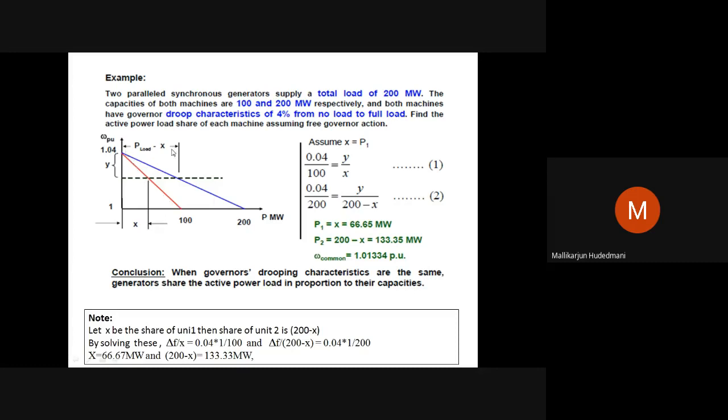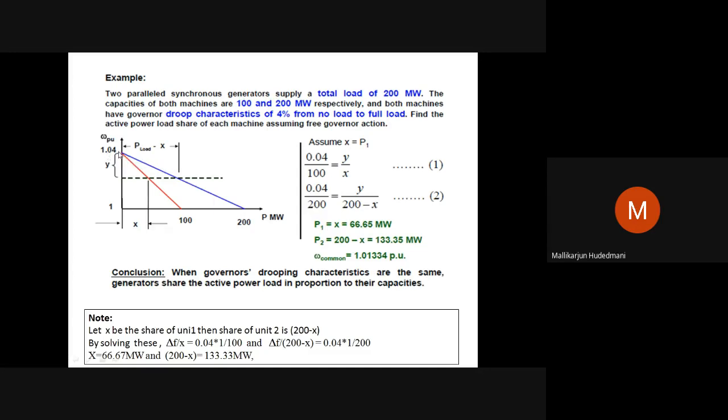Then this width is load minus X. Whatever the load I have, 200 minus X is the share of machine 2. The same analysis we are doing here is graphically shown here. When this intersects with the dotted line at this point, let X be the share. Then the other point intersecting the blue line is load minus X.